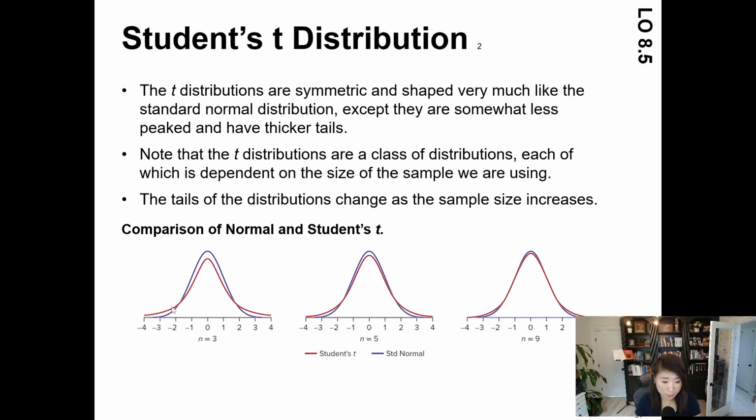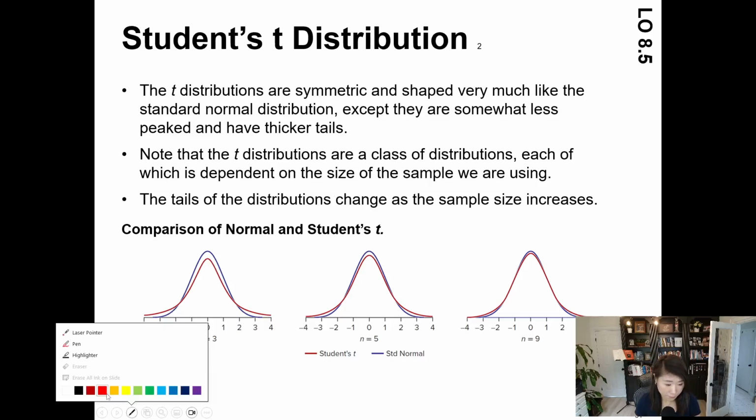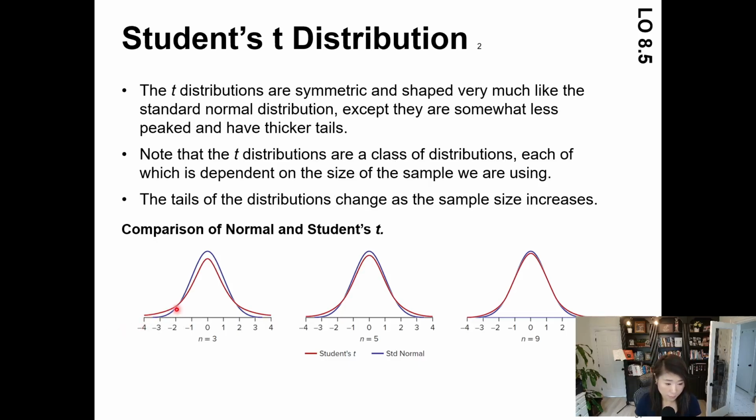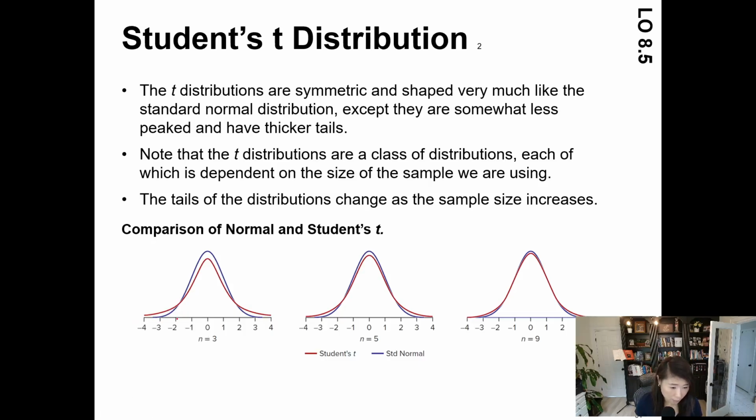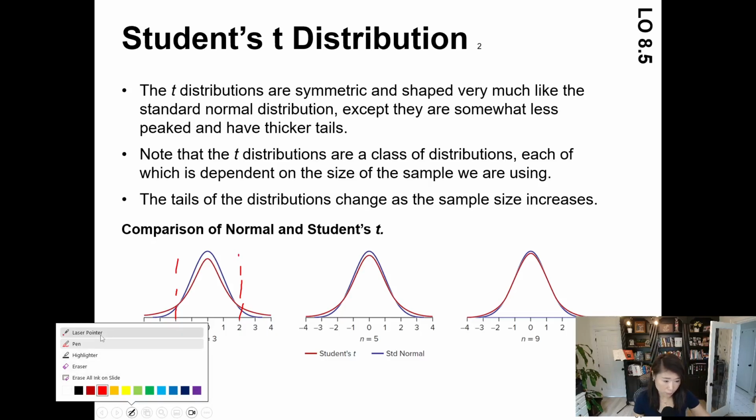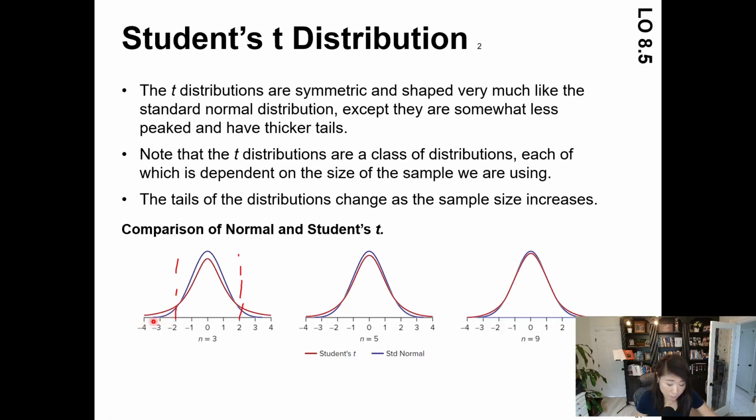So what is the main difference between the Student t and the normal distribution? We need to focus on the tail section. Let me put a vertical line here so you can see what I mean. As I said, Student t is symmetric, just like the normal distribution. The main difference is at the tails. The red line is the Student t, and the blue line is the standard normal.